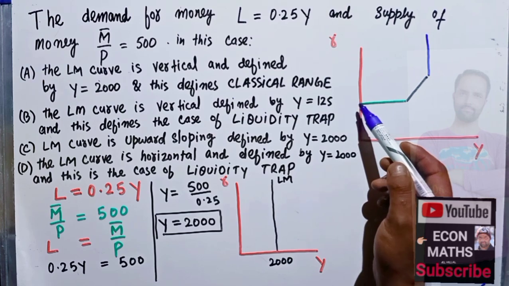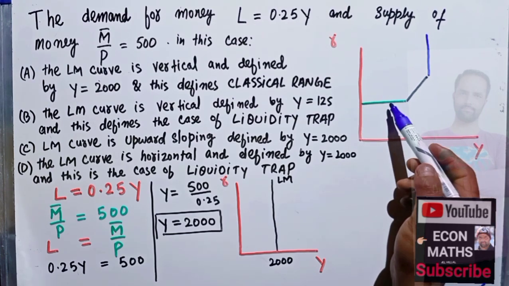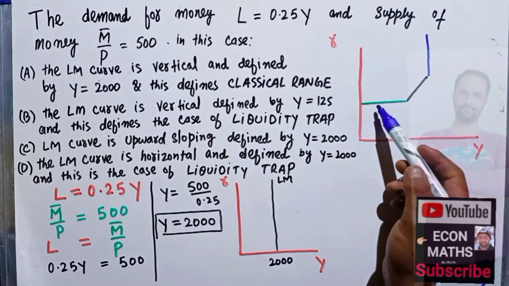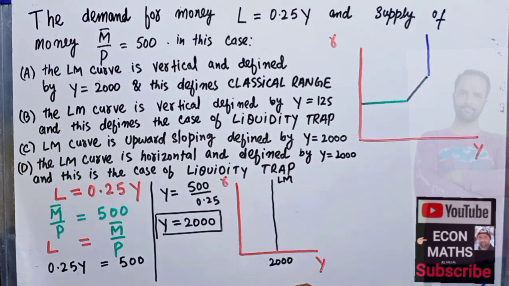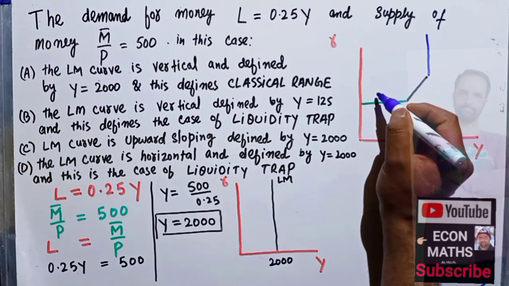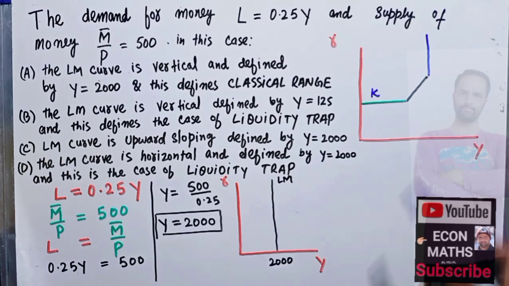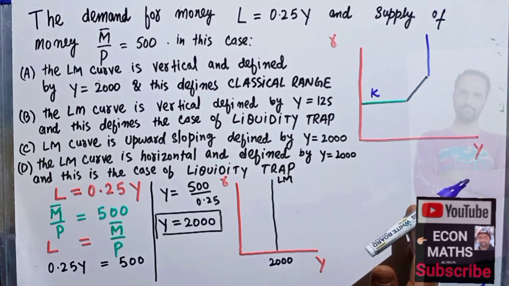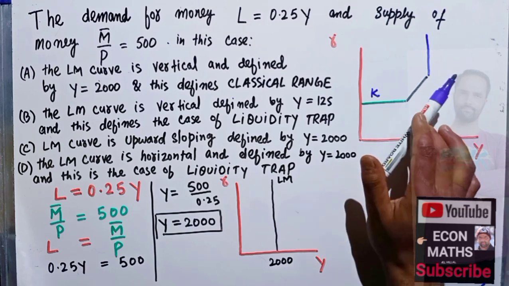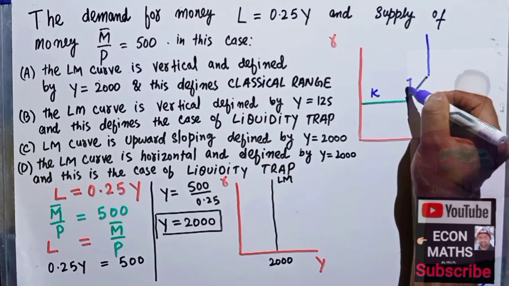That means LM is perfectly elastic, meaning that demand for money is perfectly interest elastic in case of a horizontal LM curve. So this denotes our Keynesian range also. Let's denote it by K. When the LM curve is upward sloping, this is also called the intermediate range.